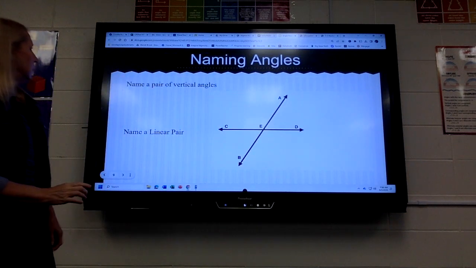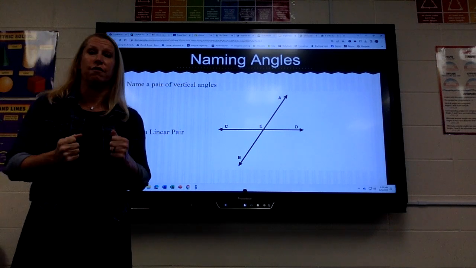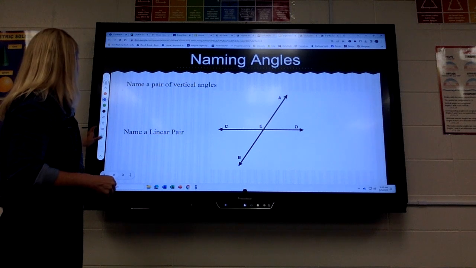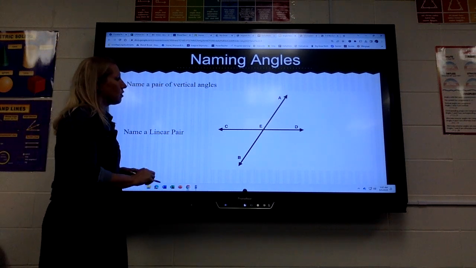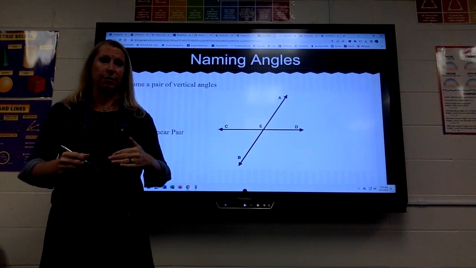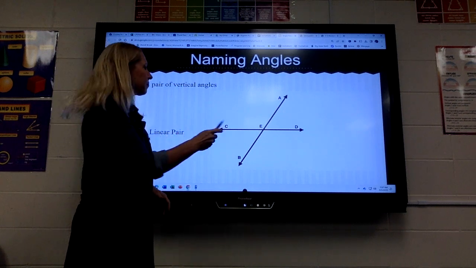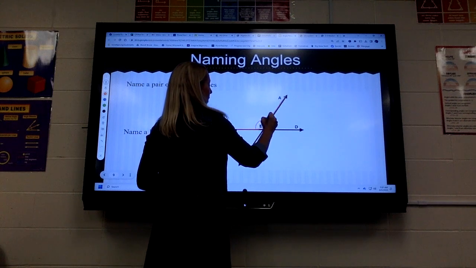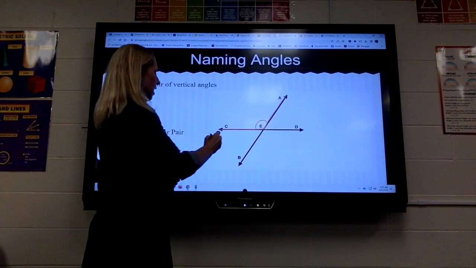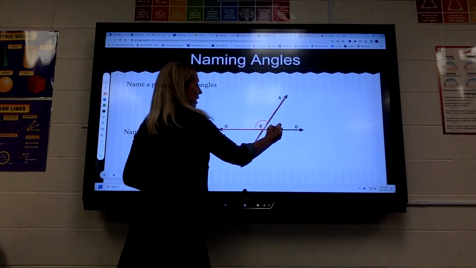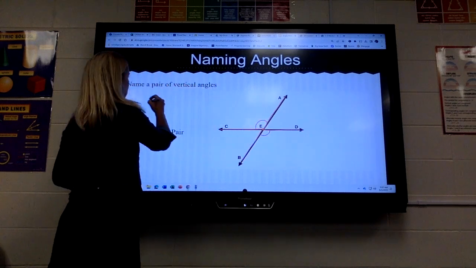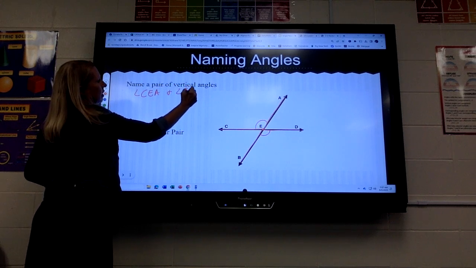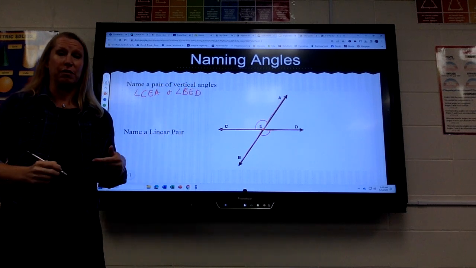Okay, so naming angles, very, very important. So first let's try to name a pair of vertical angles. Vertical angles are opposite each other, and you have to name the angle, the V. So I would name angle C, E, A, and angle B, E, D. Those are vertical. So angle CEA and angle BED would be vertical.